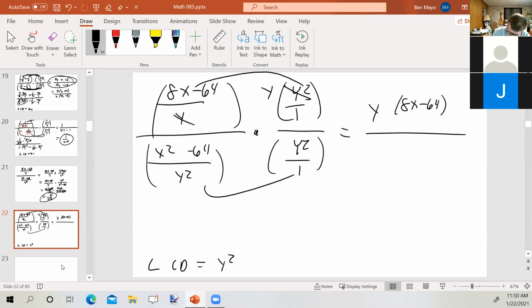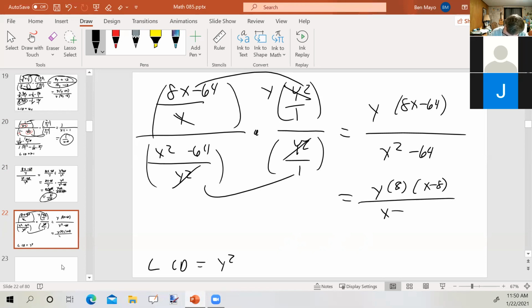In the denominator, the y squares reduce out and we get x squared minus 64. Okay. Now, I could factor the numerator and factor out an 8 and have x minus 8. Factor the denominator, x plus 8, x minus 8. Reduce those out, and I get 8y over x plus 8.